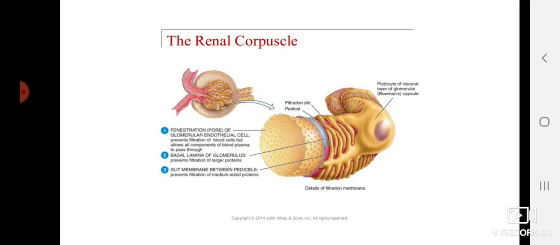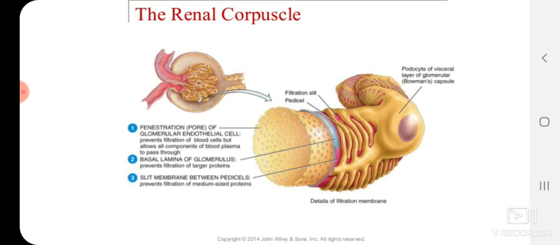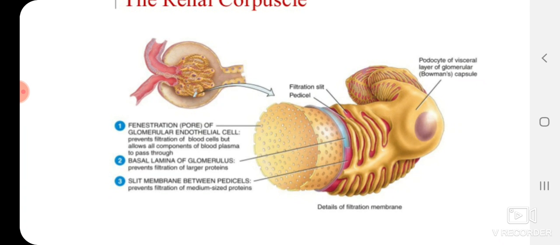Next, this is the diagram that we discussed in the last two slides about the podocytes, their pedicels, and the filtrate slit, and also we discussed the penetration of the glomerular epithelium, the basal lamina of the glomerulus, and the slit membrane.